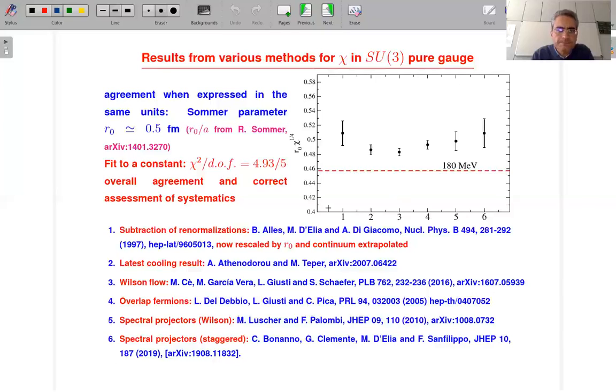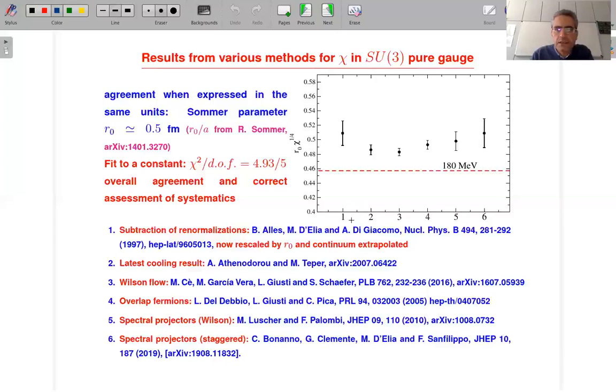And in the same plot, I also reported this horizontal line, which is the Witten-Veneziano prediction, which is 180 MeV to the 4th. So this is the fourth root of the topological susceptibility, actually, which I'm reporting in this plot.